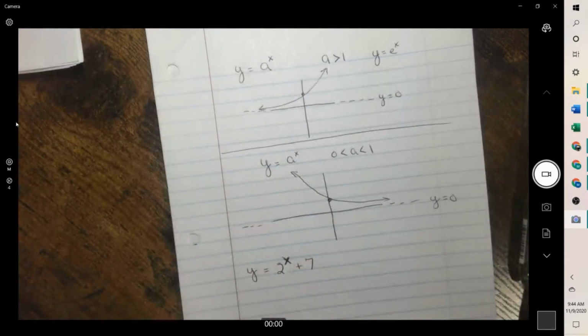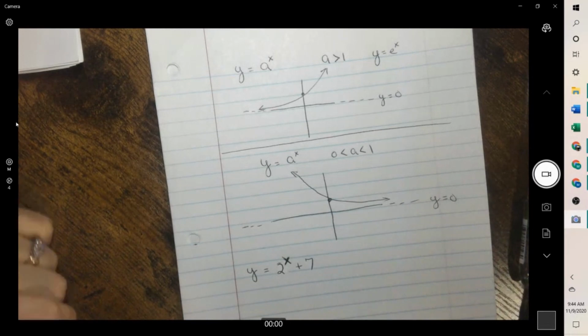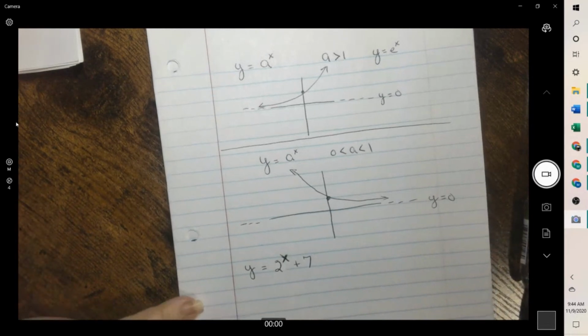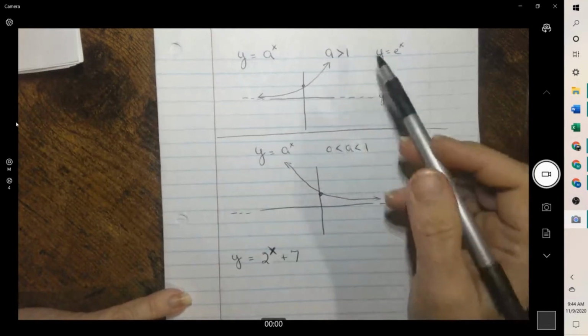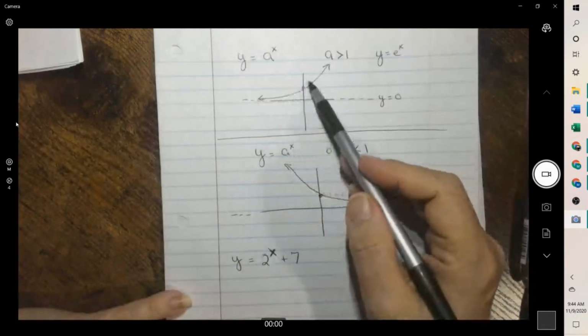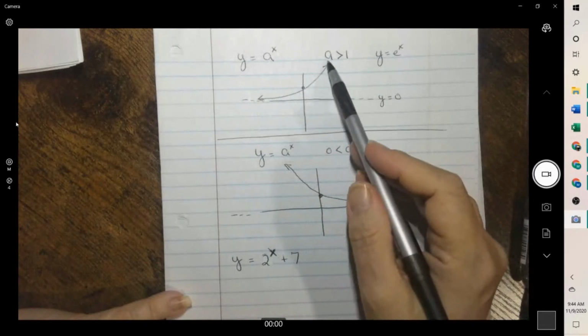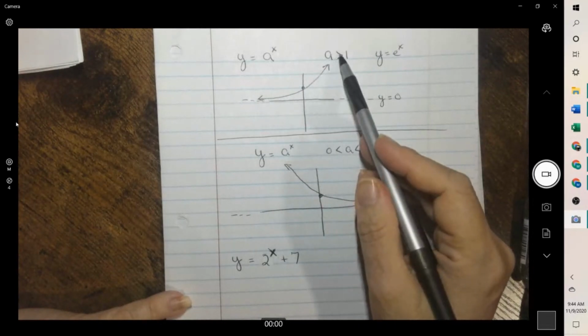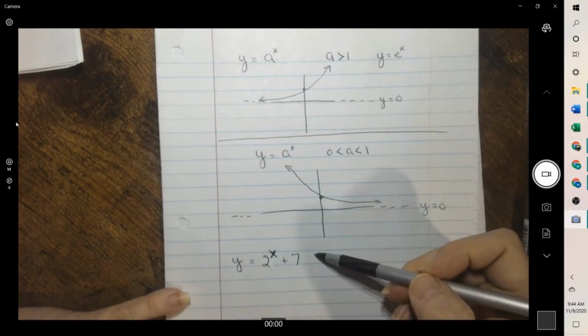Okay, so for the homework, the problem says, sketch the graph showing the horizontal asymptote. So it's greater than 1. So this is the graph we're shifting. How's the 7 moving it?